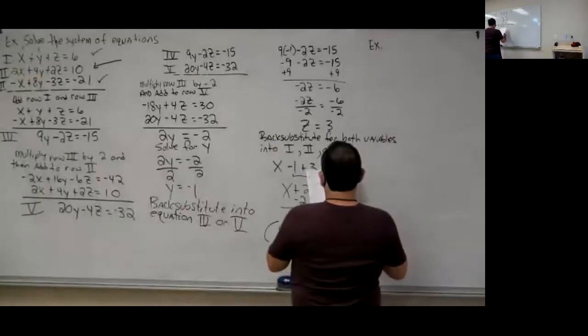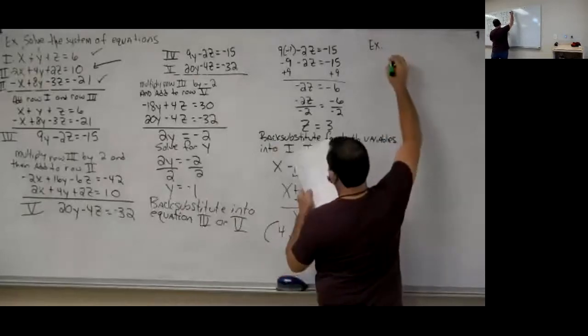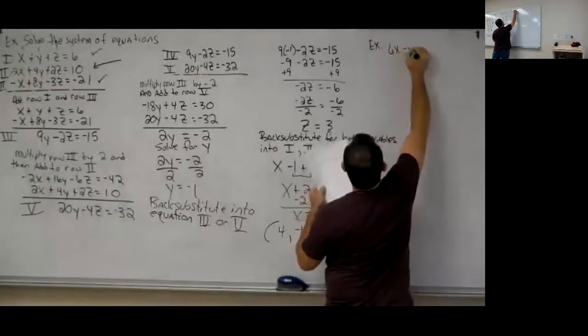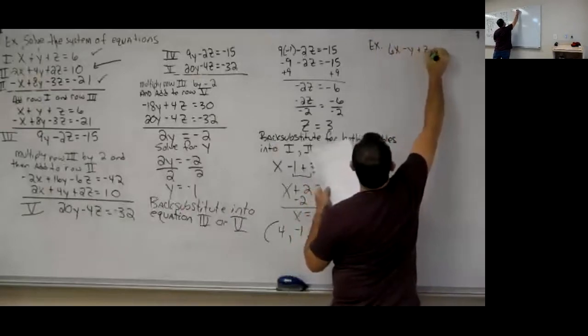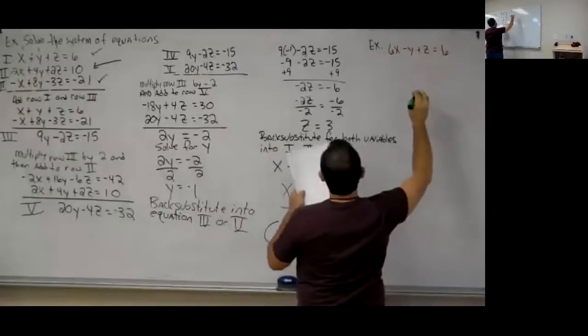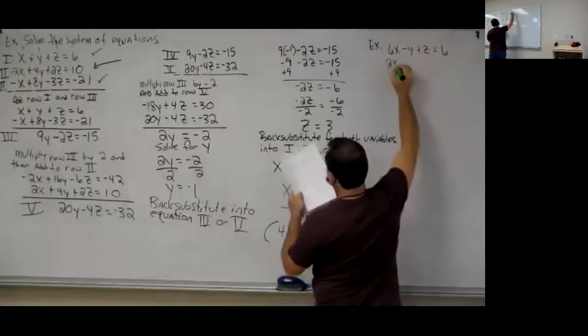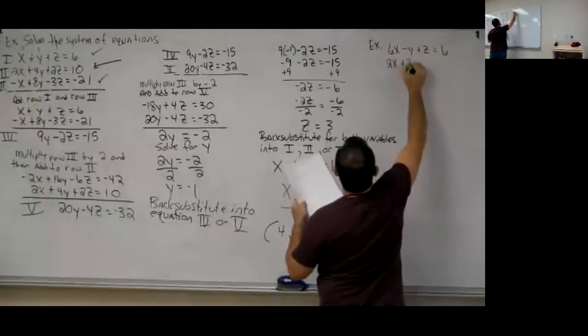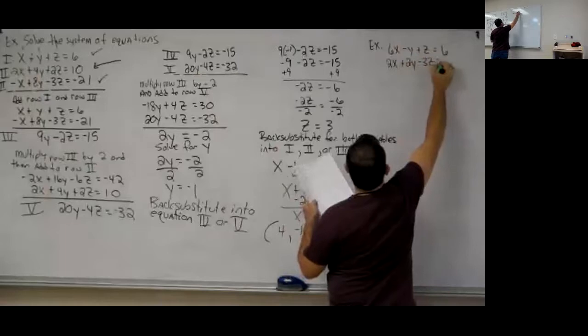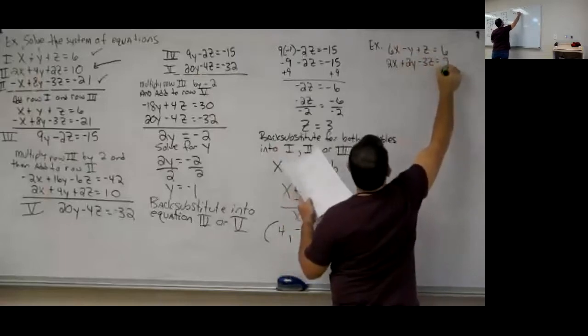All right, now let's see. So this one has 6x minus y plus z is going to equal 6. Equation 2 has 2x plus 2y minus 3z is going to equal 2.